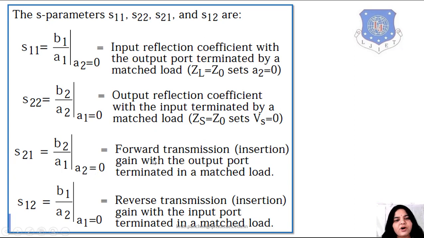It's known as the forward transmission gain with the output port terminated in a matched load. S12 is B1 upon A2, when A1 is 0. It's the reverse transmission gain with the input port terminated in a matched load.